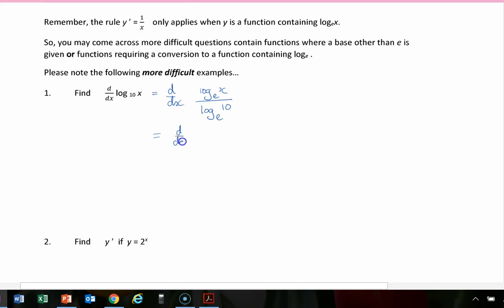I might actually just write it like this, you don't have to, just to make the point that it is like a coefficient sitting there. So to differentiate that, I would keep my coefficient and I would differentiate this, which is 1 on x. Nothing difficult about that, and I don't do anything with that, it's just the coefficient, so it sits there.